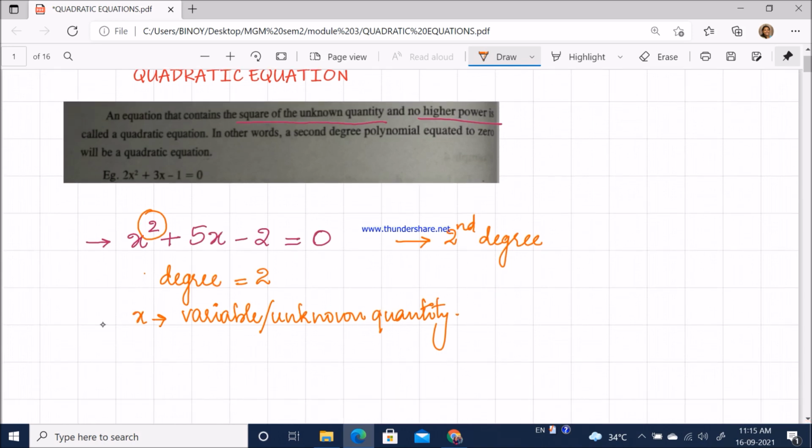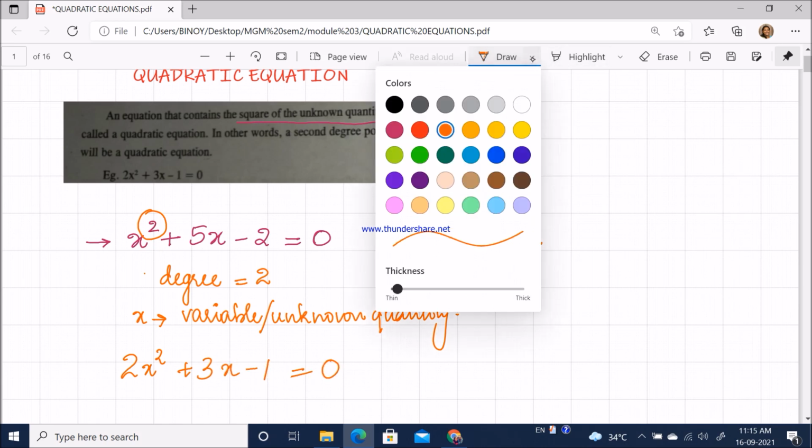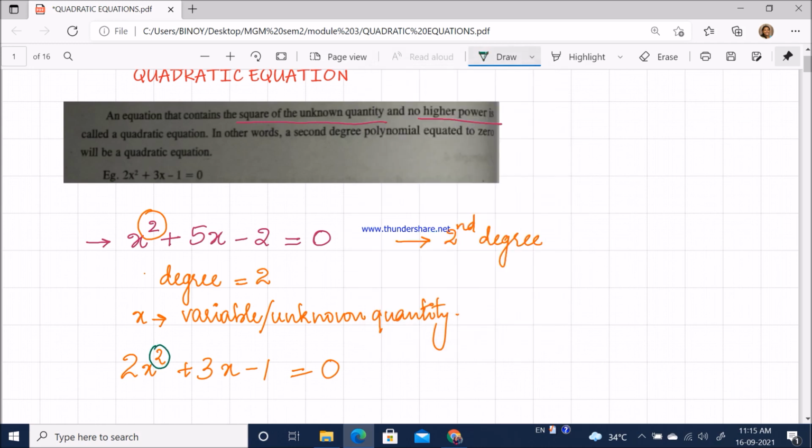Another example is 2x square plus 3x minus 1 equal to 0. Here also the highest power of the variable is 2, so the degree is 2.